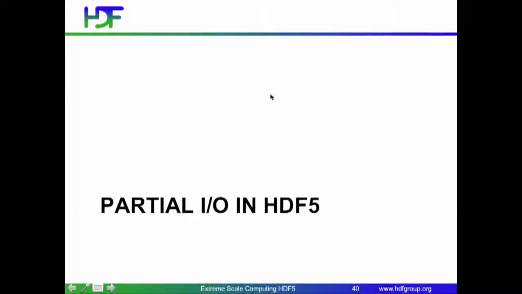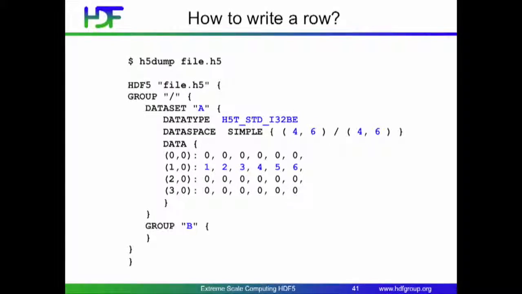Now, if you want to write a partial part of that data set, something similar to what you'll see later when you do it in parallel, say you just want to write one row of this data. So it's a total 4x6 matrix, but you want to just write this row. So how do you do that?